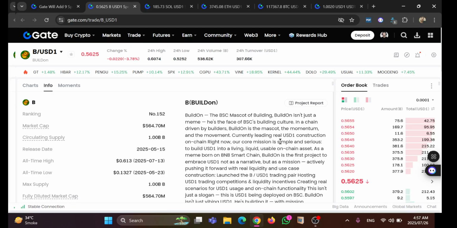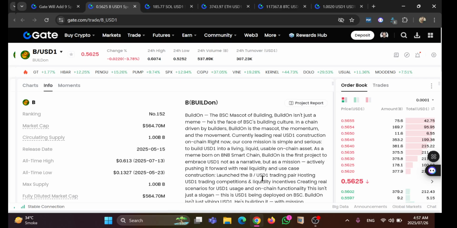Our core mission is simple and serious: to build USD1 into a living, liquid, scalable on-chain asset. As a meme born on BNB Smart Chain, Build On is the first project to embrace USD1 not as a narrative but as a mission, actively pushing it forward with real liquidity and use case construction.